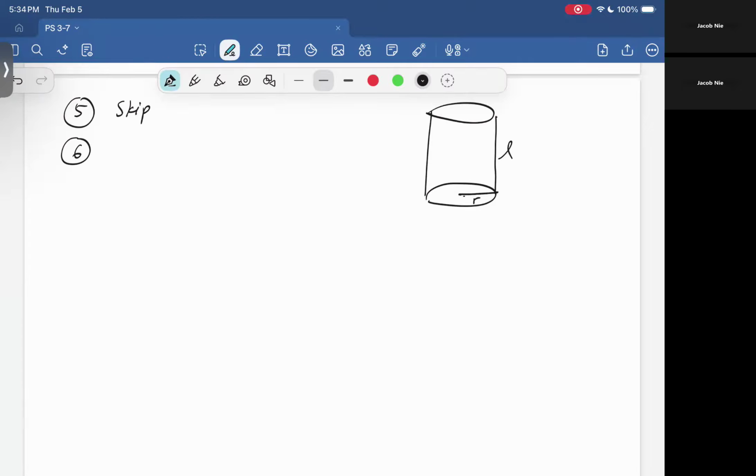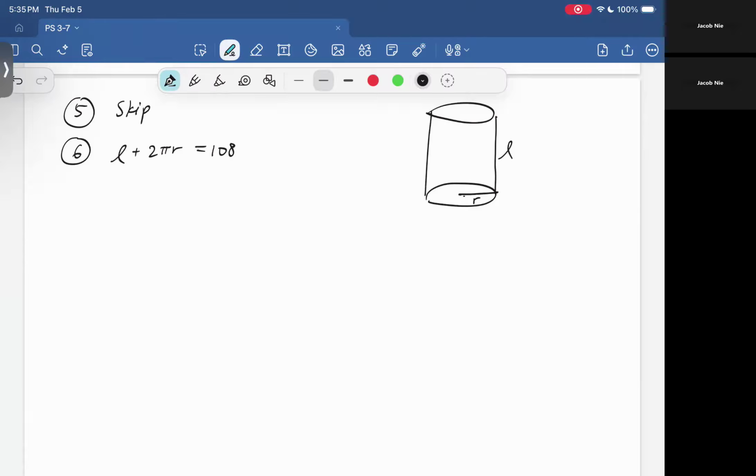It can have a maximum combined length and circumference of 108 inches. That means L plus the circumference, which is 2 pi r, correct? L plus 2 pi r is 108. We're trying to maximize the volume.